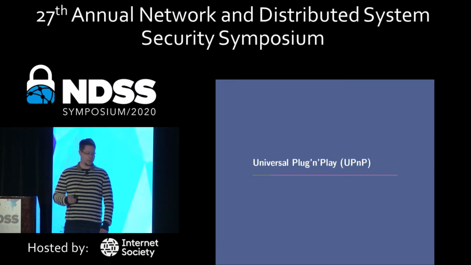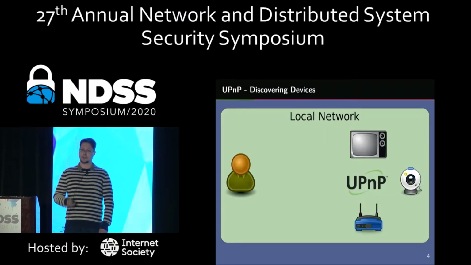I'll give a short introduction to Universal Plug and Play, which is probably something everyone in this room has. You have devices in your local network that are UPnP compatible. UPnP is used for zero configuration networking, meaning that you, as a client, let's say in this case a BitTorrent client, have no information about where the gateway is or anything else.